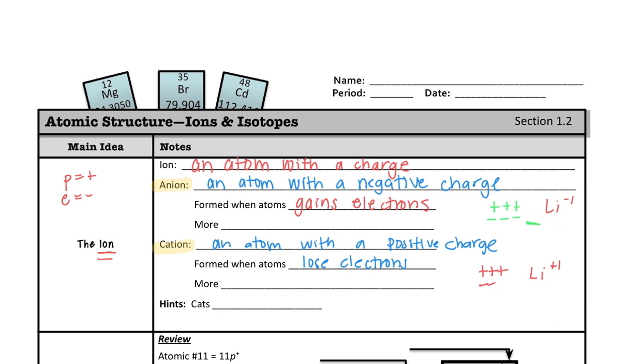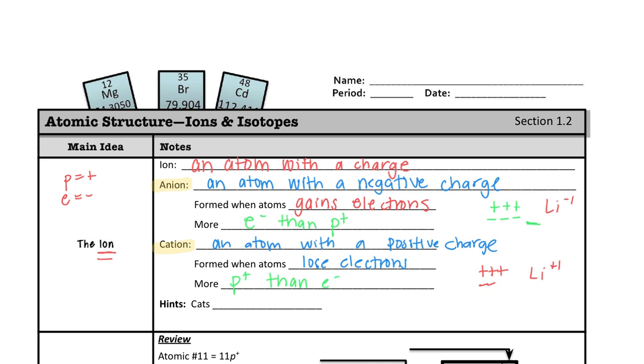Okay, I'm going to let you know lithium -1 would never happen, but it's fine for our sake of conversation. Later, we'll find out why. Okay, and so as we have mentioned now multiple times, we'll just get it in writing. An anion has more electrons than protons. That makes sense to us because it has a negative charge, whereas a cation has more of our positive protons than our negative electrons, which makes sense to us because it has a positive charge.